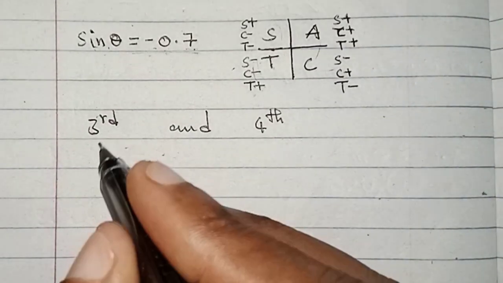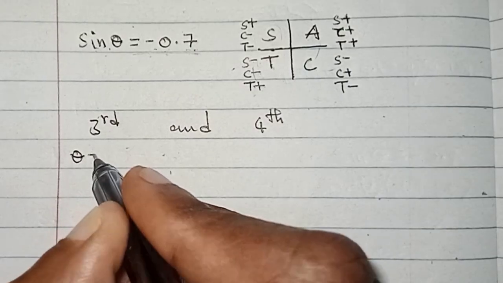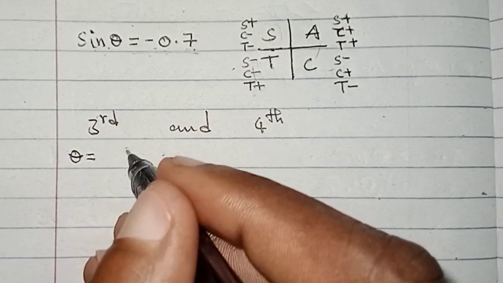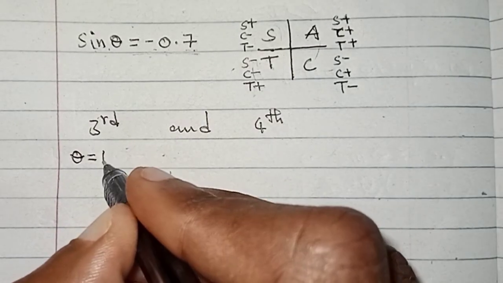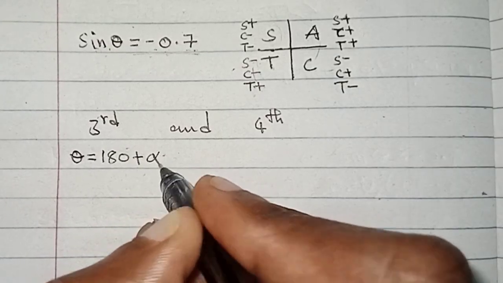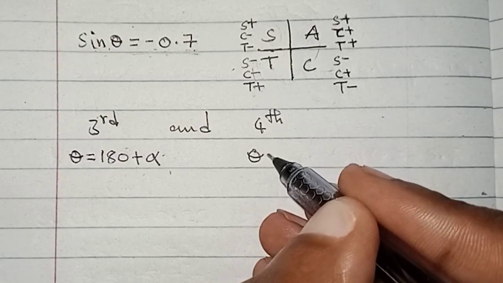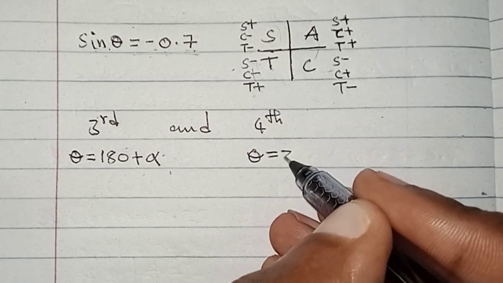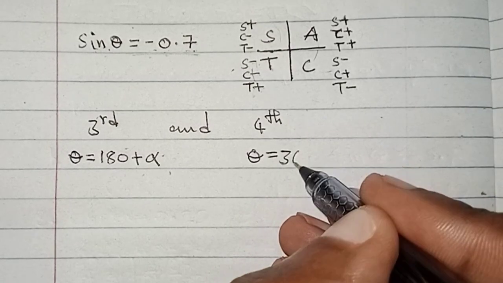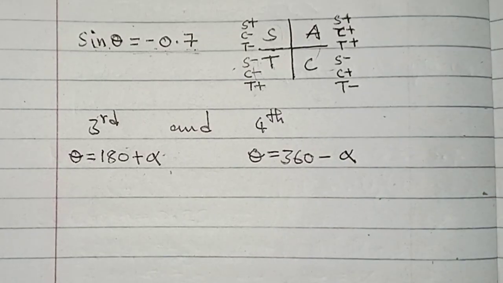So for the third quadrant, we say theta is equal to 180 plus alpha. Then for the fourth quadrant, the solution is theta is equal to 360 minus alpha.